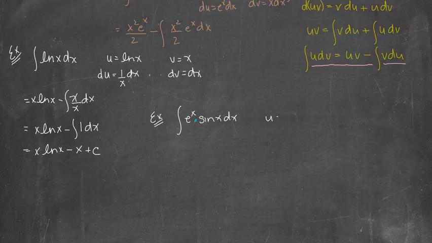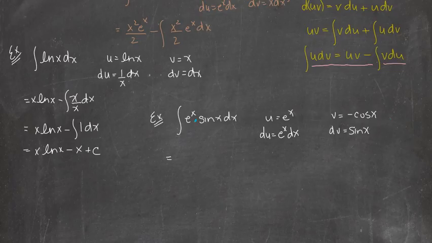I'm going to let u be e to the x, and dv is going to be sine x dx. So if I take the antiderivative of sine x, I get v equals negative cos x. And going forward, differentiating u, I get du equals e to the x dx.